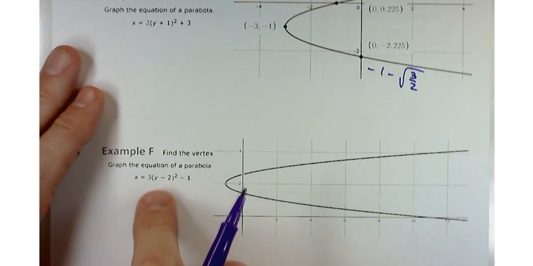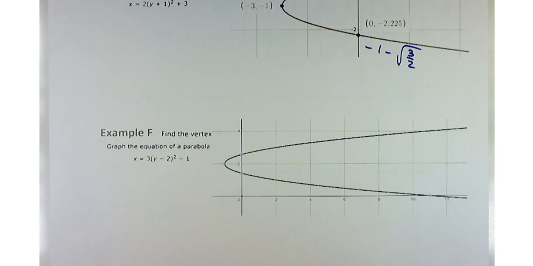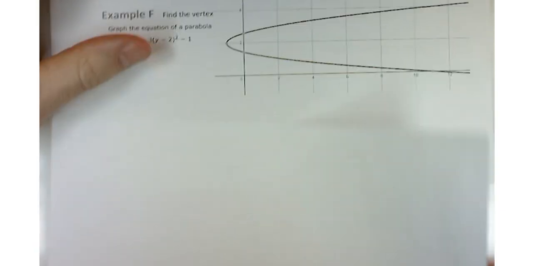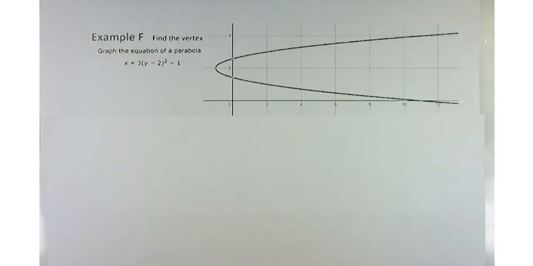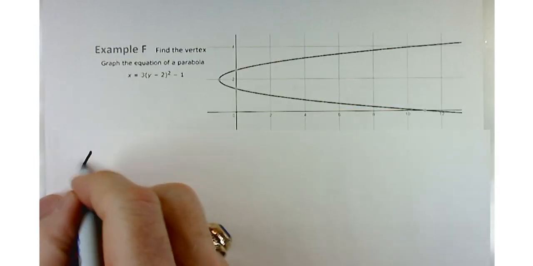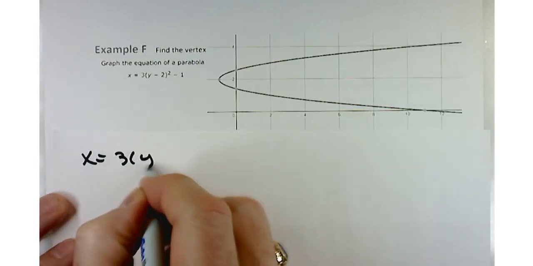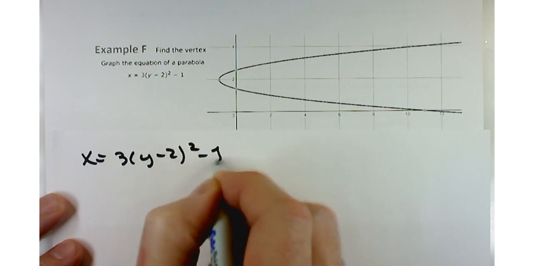Let's repeat that with this one right here. Let's see, so we've got x equals 3 times y minus 2 squared minus 1.